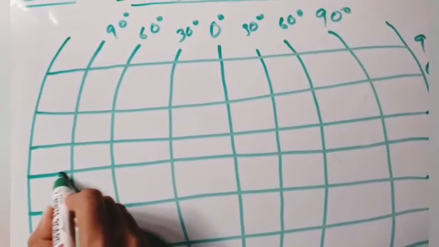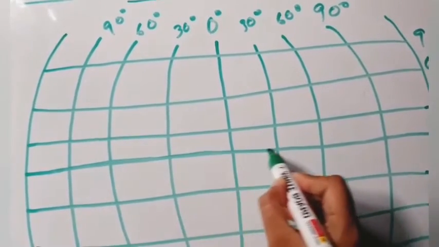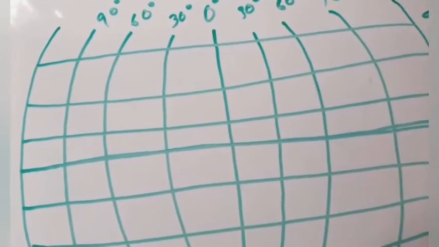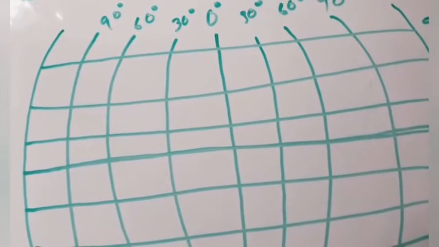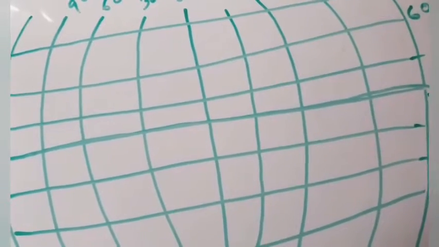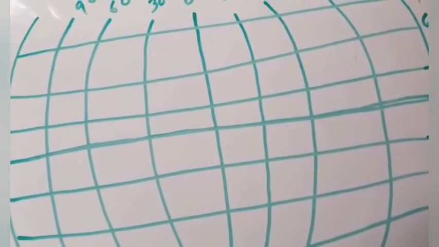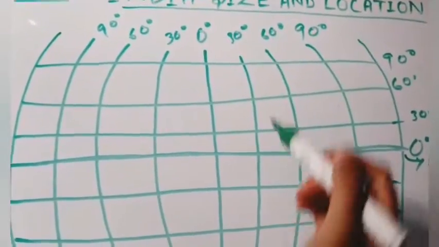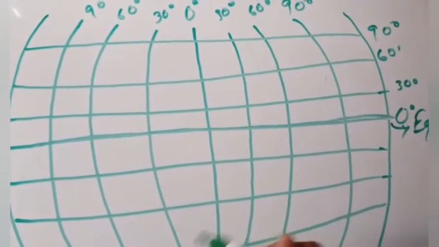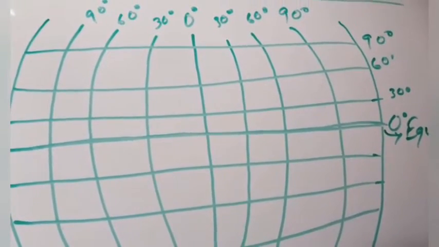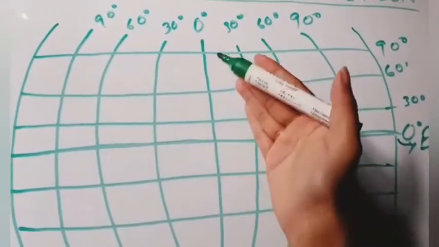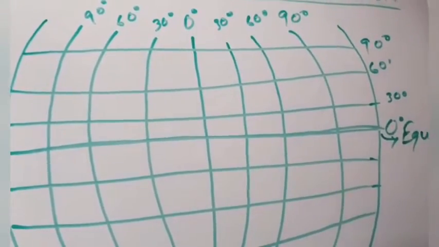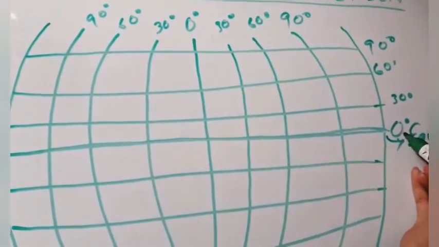The straight middle line is the equator, which is placed at 0 degree. This line divides the earth into almost 2 equal halves.